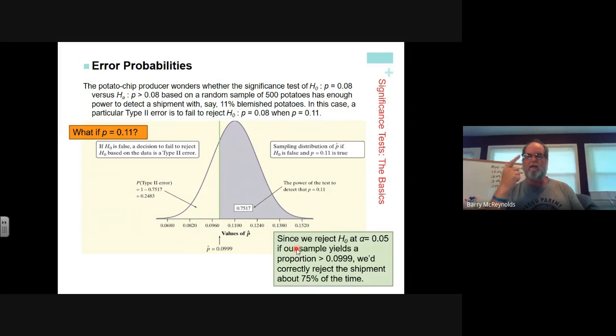What does it mean in a certain scenario that we have type 1 and type 2 error? And you might be asked to identify the power of the test given a particular value. So I don't want you to spend a lot of time worried about how to do these calculations.